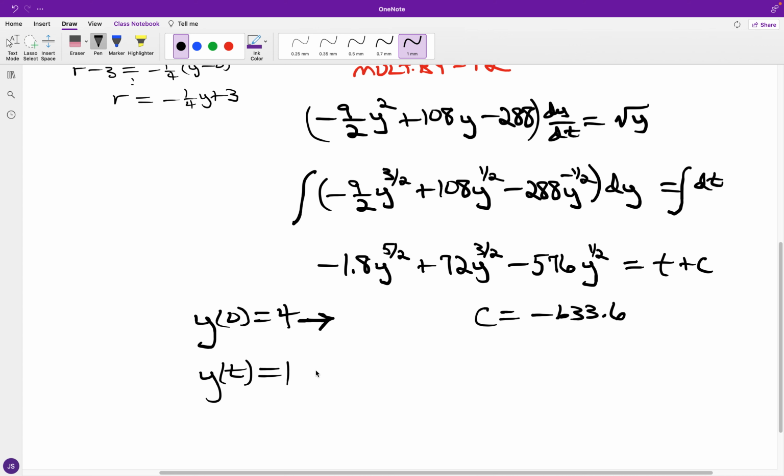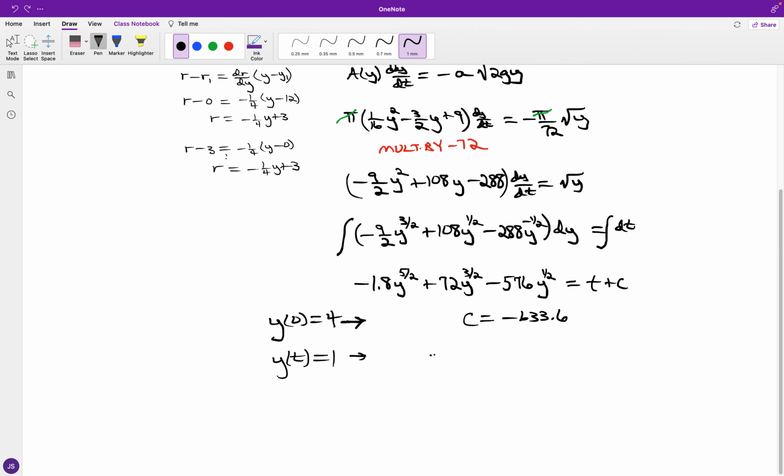And in terms of figuring out how long it's going to take for the water level to drop from 4 feet to 1 foot, if I plug in 1 for y, you have negative 1.8 plus 72 minus 576. So I have negative 505.8 is equal to t minus 633.6.